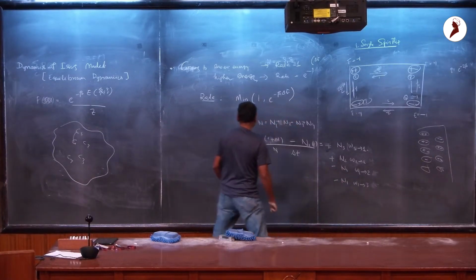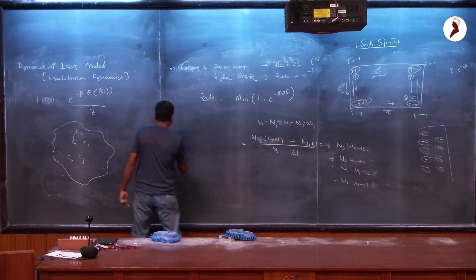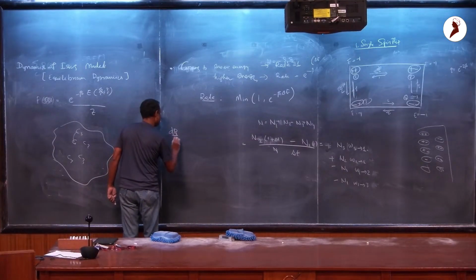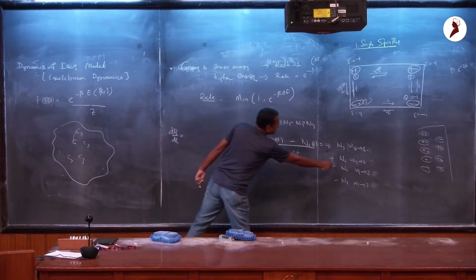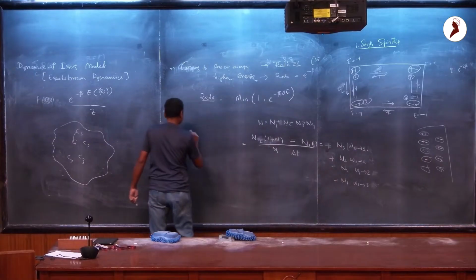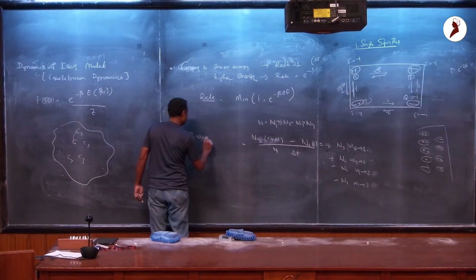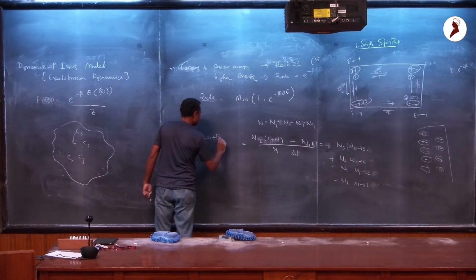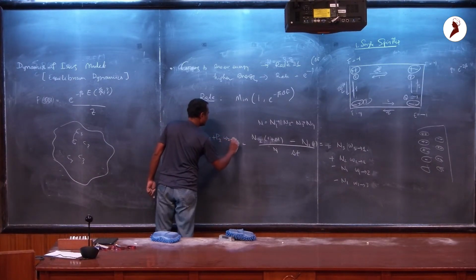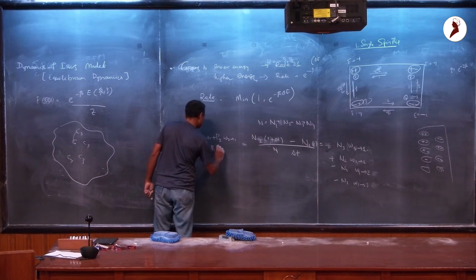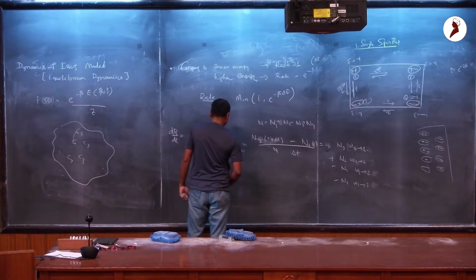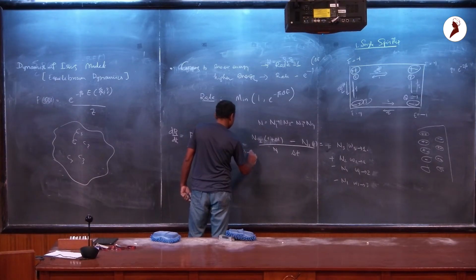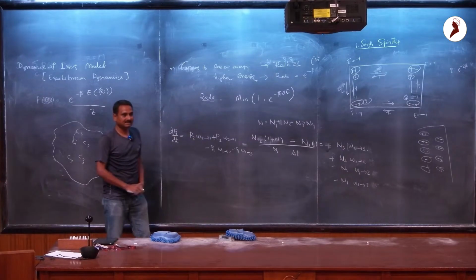So dp1 by dt equals p3 W3 to 1 plus p2 W2 to 1 minus p1 W1 to 2 minus p1 W1 to 3, right?